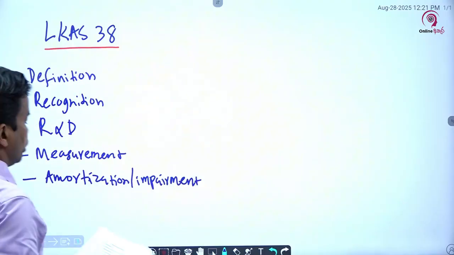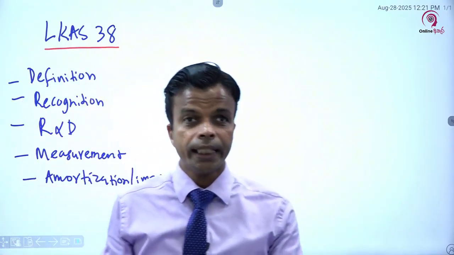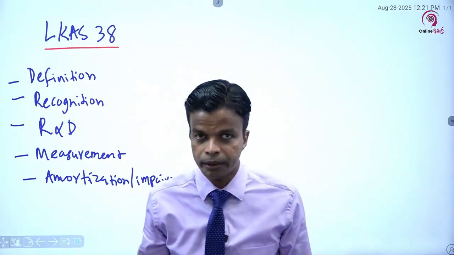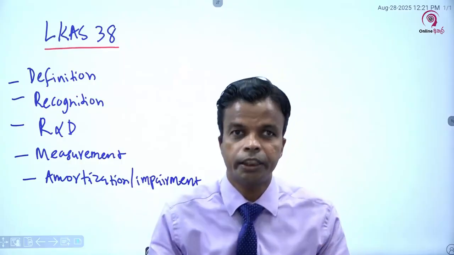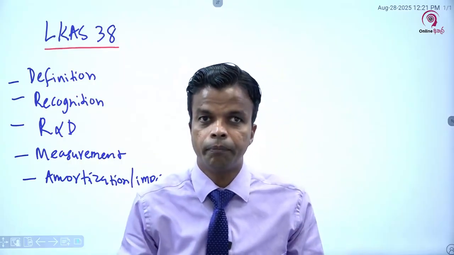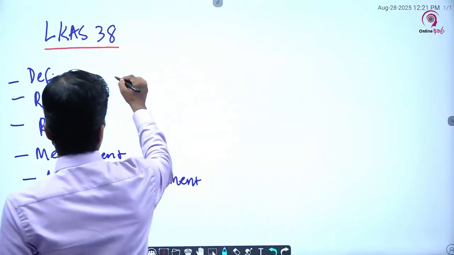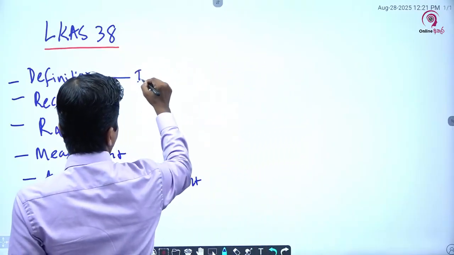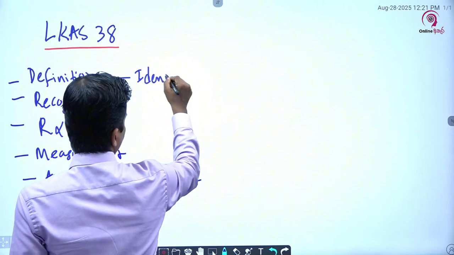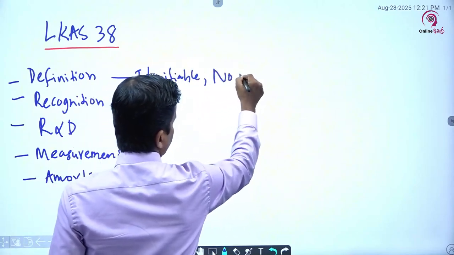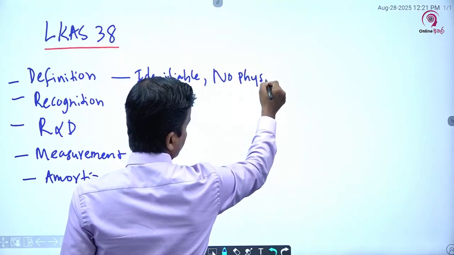Right. Okay, definitions. Intangible assets, not like PPNE. PPNE are tangible assets. By nature, intangible assets you can't see, but you should be able to identify them, right? Identifiable. No physical substance.